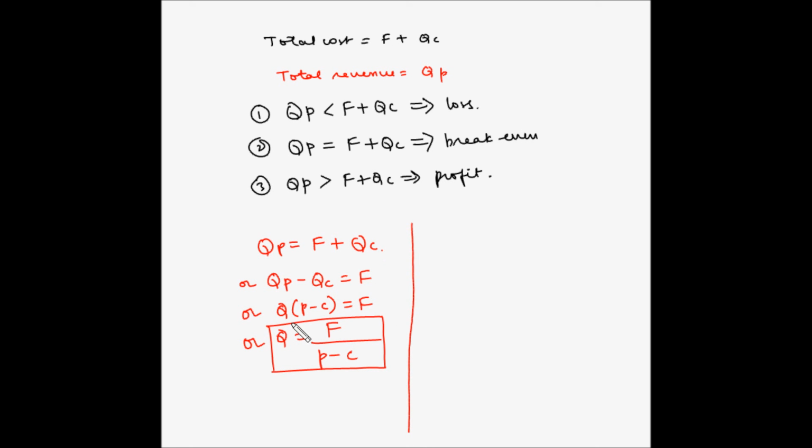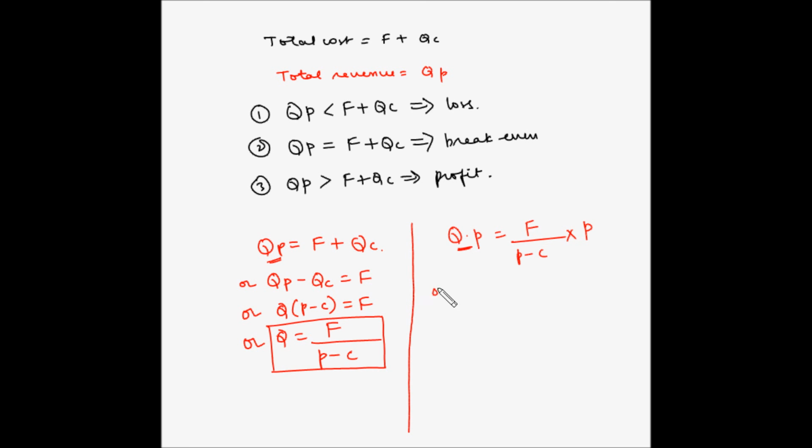So in this formula, to get the sales at which you are going to break even, what we can do is we multiply Q with P, and on the other side also we multiply with P. Now you can also say that this we already have here, but on the other side, since we have Q in the formula which we don't know, we can't find the total sales or the total revenue.